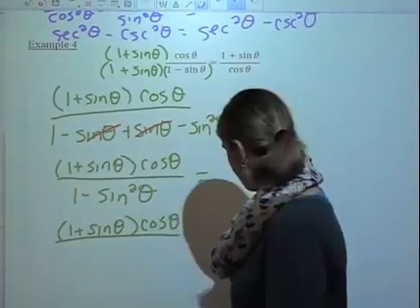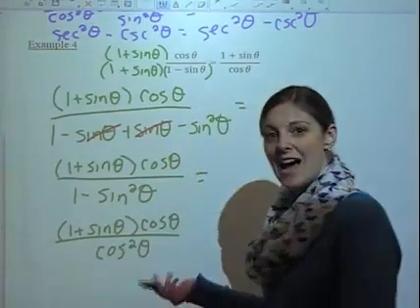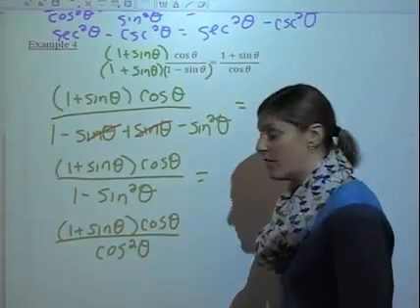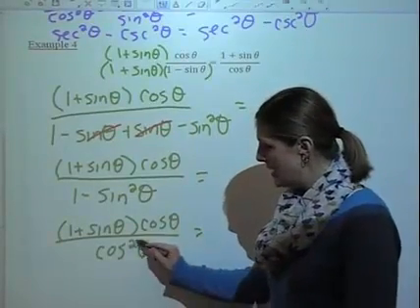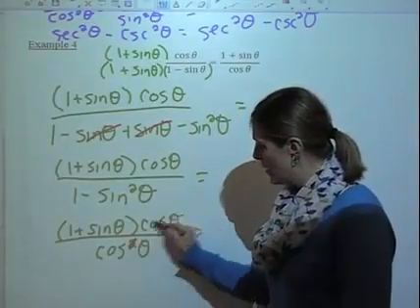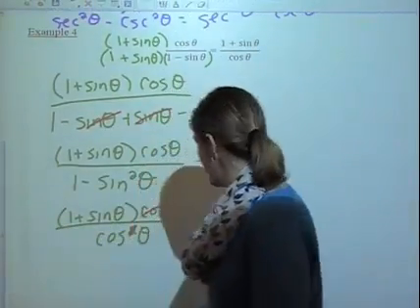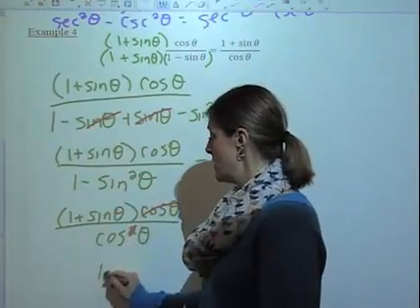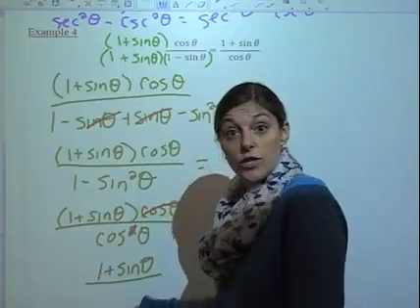Helps to simplify it. There we go. Now, can we simplify this a little bit further? Yeah, we can cancel out that square with that cosine. Now we're left with 1 plus sine theta over cosine theta, which is what we were trying to find.